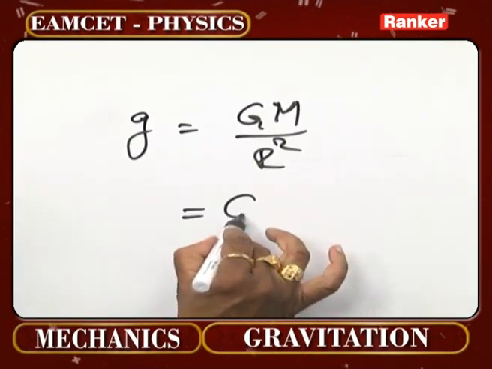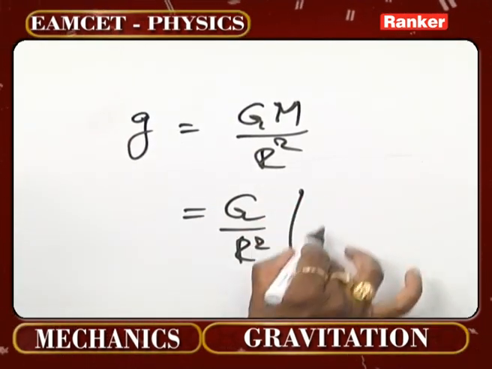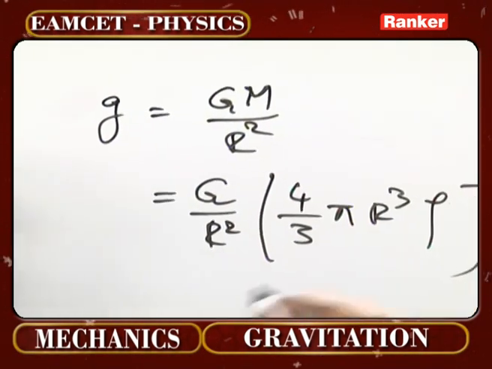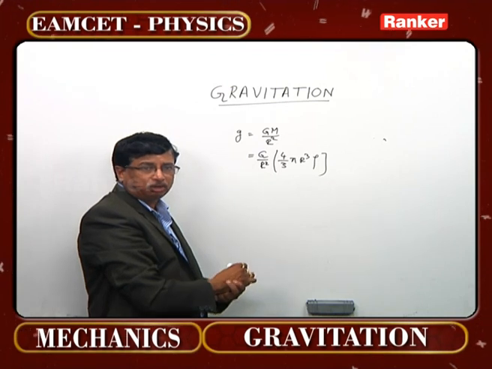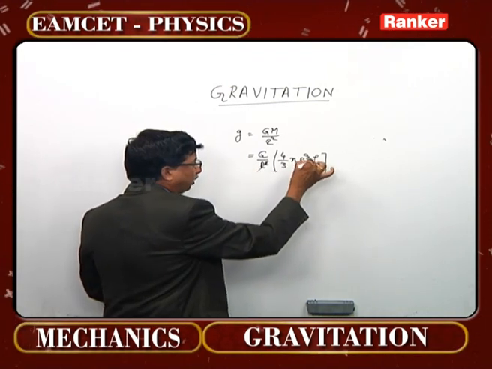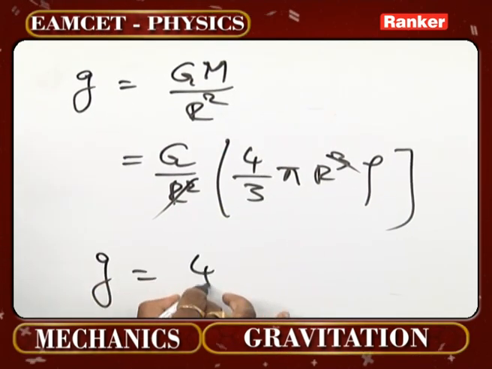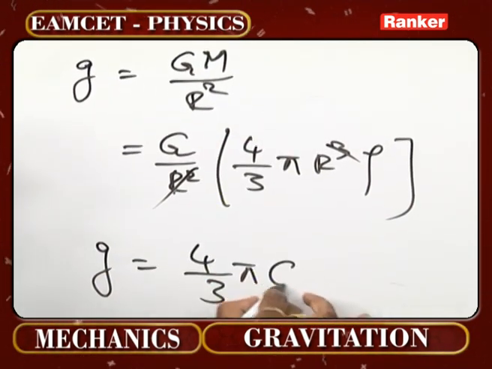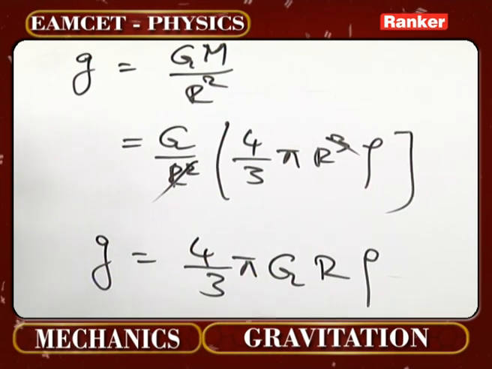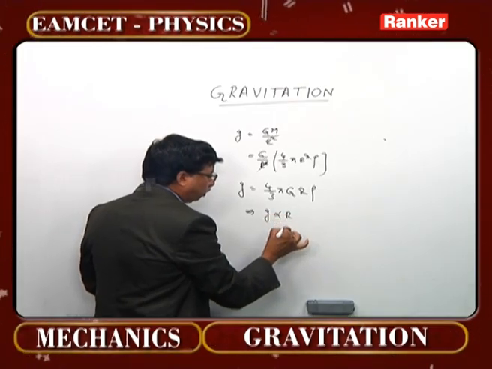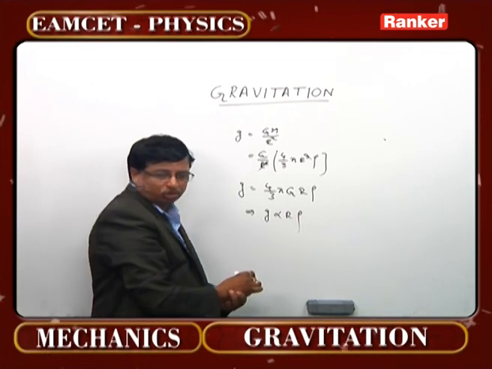Now this can be rewritten as G by r square into 4 by 3 pi r cube into rho, since mass can be written as volume into density. Out of that, r square cancels with one r. What is left over? 4 by 3 pi G r rho. That means g is directly proportional to r and directly proportional to rho.